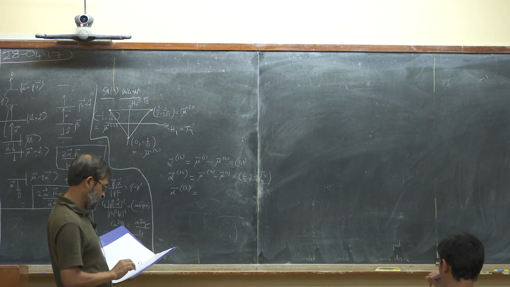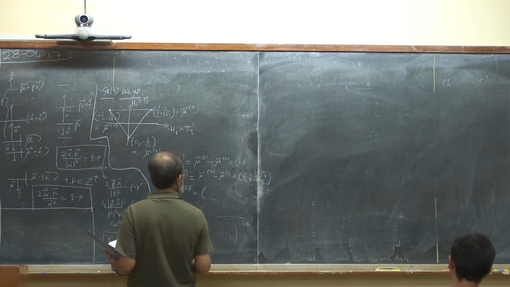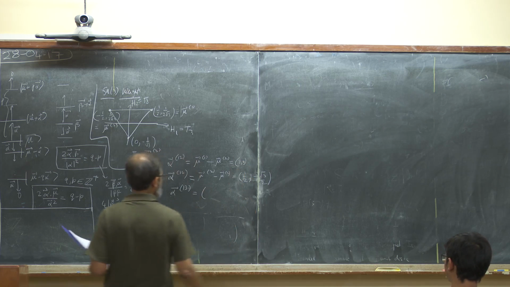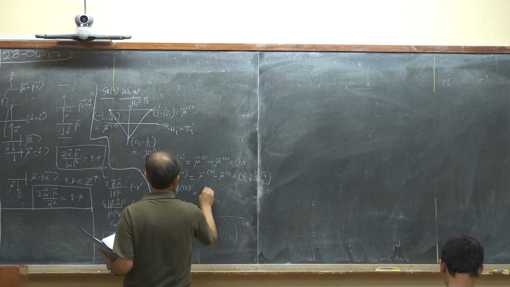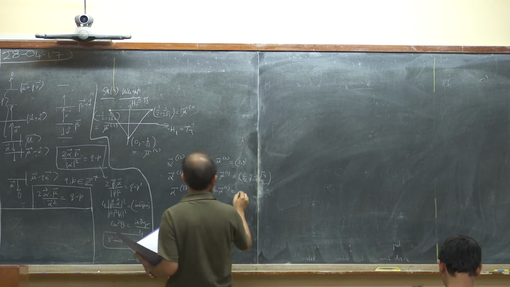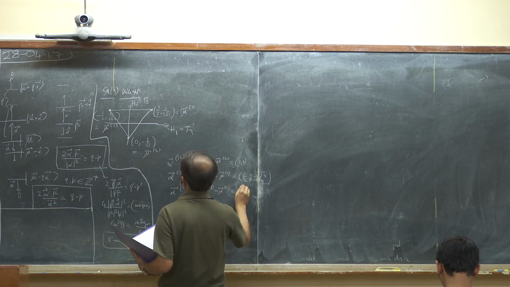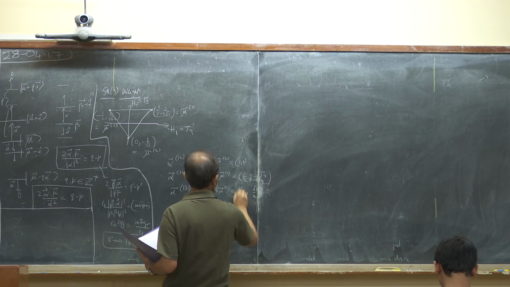All right, good. Alpha 1 3 is mu 1 minus mu 3, which is equal to what? Half again, and the same thing, root 3 by 2.